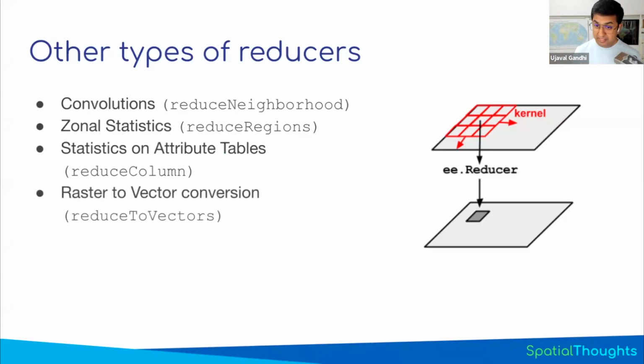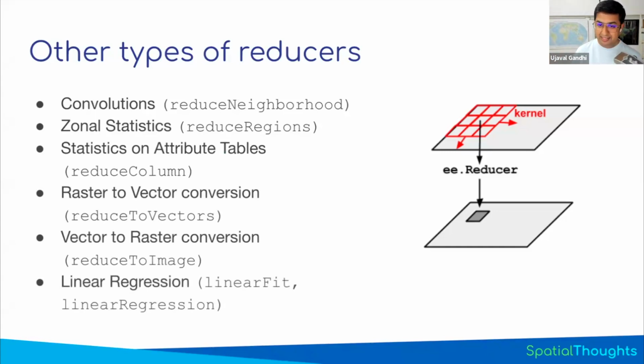Raster to vector, we've already done this. Reduce to vectors. Vector to raster, reduce to image. I want to run linear regression, linear fit, linear regression, and so on. We'll also do trend analysis in this module. That's also, Pearson's correlation, Sen's slope. All those are reducers. So all of the stuff that you are looking for implementing with your image processing and statistical analysis, those are implemented as reducers.